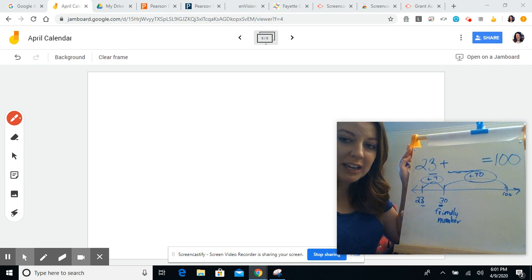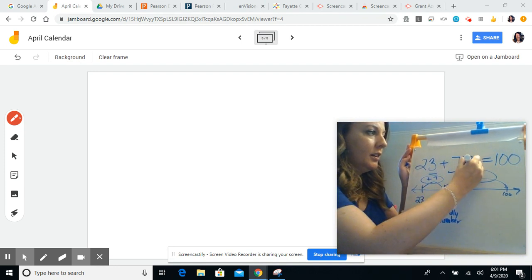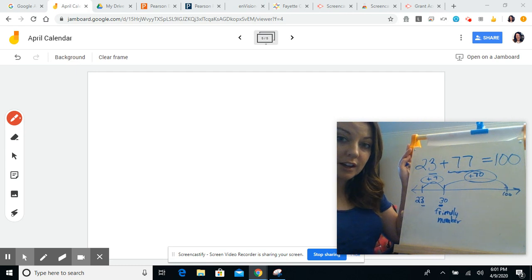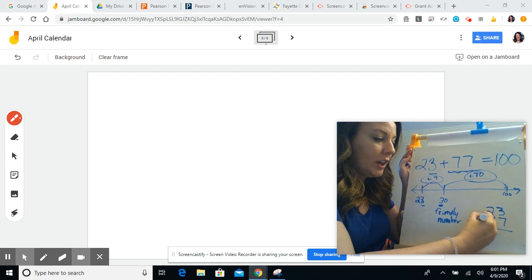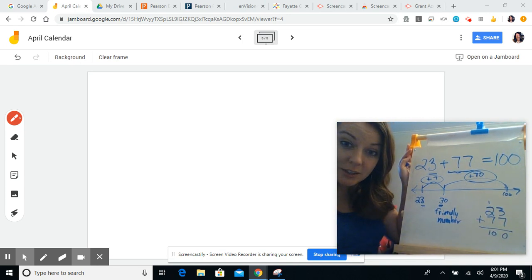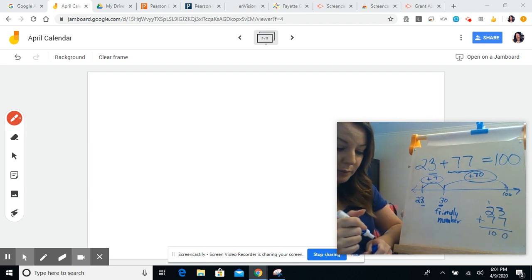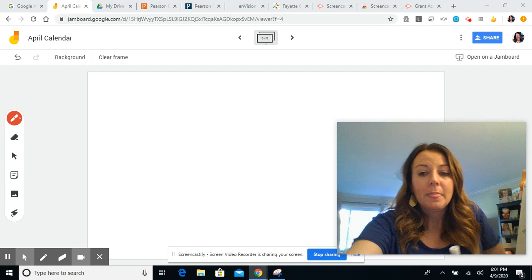So if I add my jumps together, 70 plus 7 gives us 77. 23 plus 77 equals 100. I can stack it over here to check my work. And I'm correct. Okay, so I really love using an open number line to help solve mental math problems.